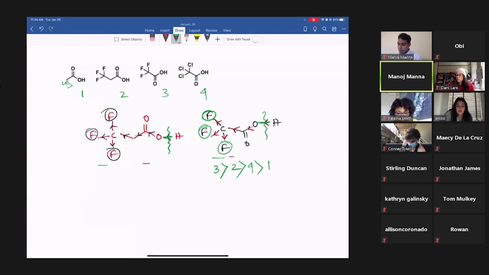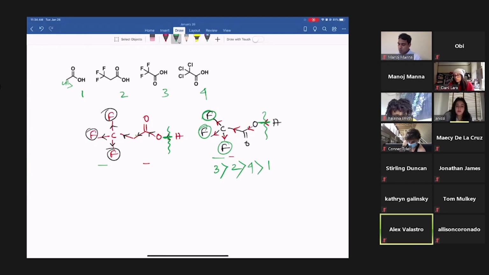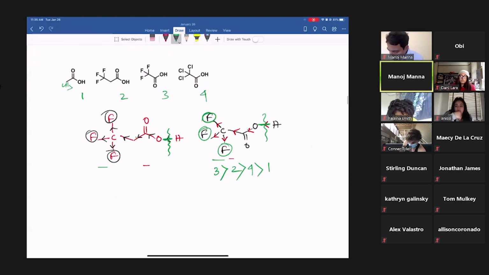Can you explain one more time how you counted those bonds and how it's shorter, please? Okay, so from this particular carbon with the fluorine in the second example, this is called the alpha carbon. There are a few things: alpha, beta, and gamma.